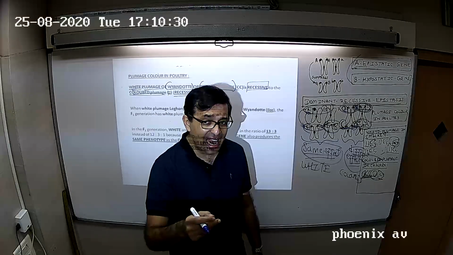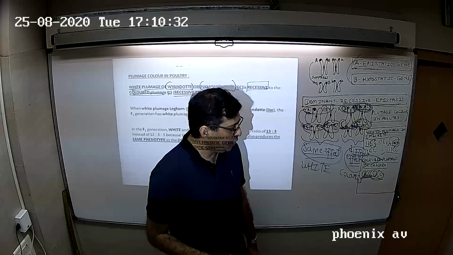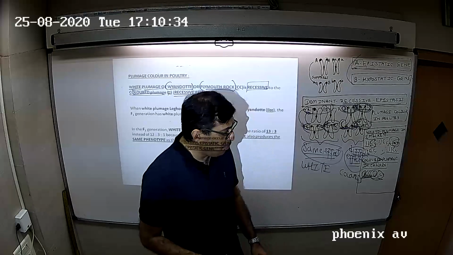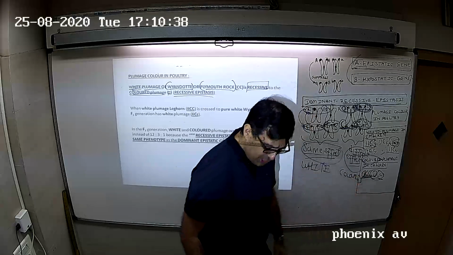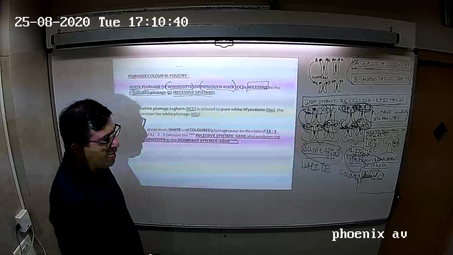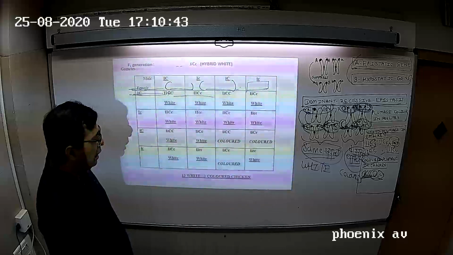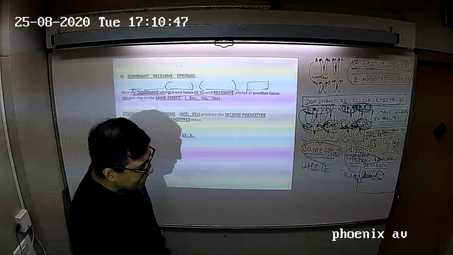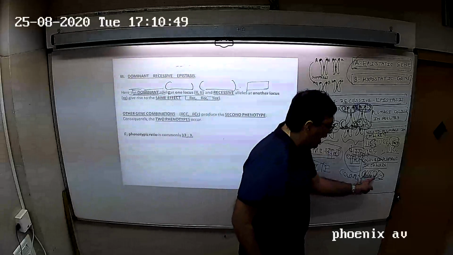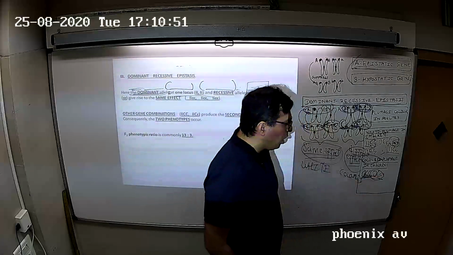When will you get colored plumage? You will get colored plumage only if it is small i, capital C, or small i, capital C, small c.